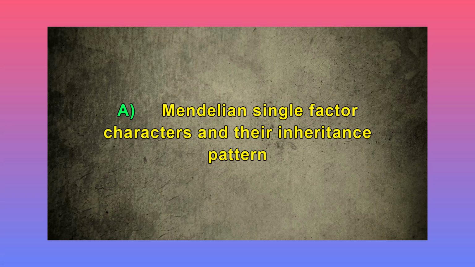First, the Mendelian single factor characters and their inheritance patterns. Mendelian inheritance refers to the inheritance of traits controlled by a single gene with two alleles, one of which may be completely dominant to the other recessive one.